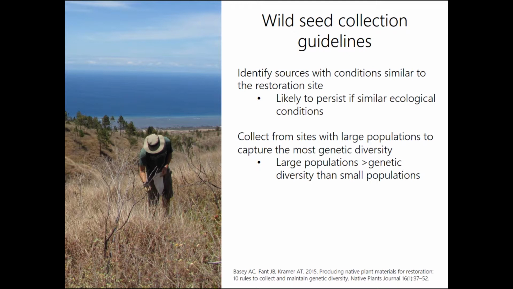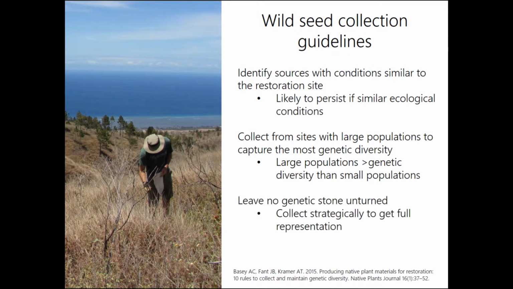Another guideline is to collect from sites with large populations. Larger populations will have greater diversity compared to smaller populations, but that depends on what species you're working on. And also leave no genetic stone unturned. You want to collect strategically so you get good representation of the genetics of your population.